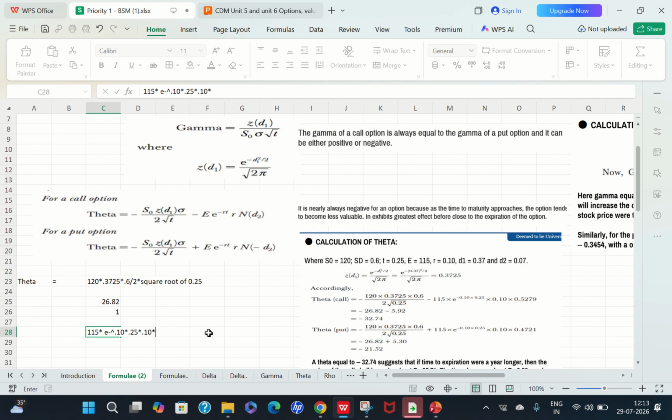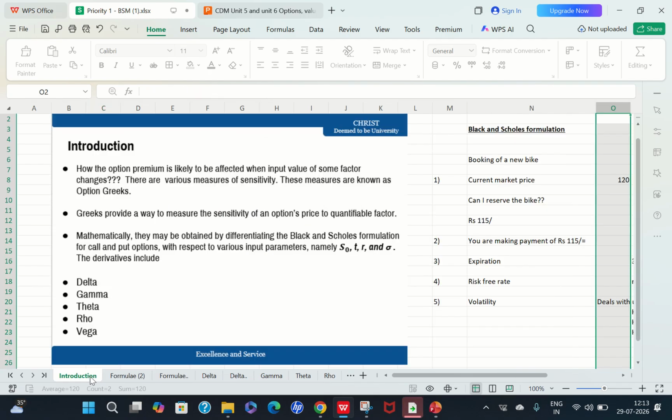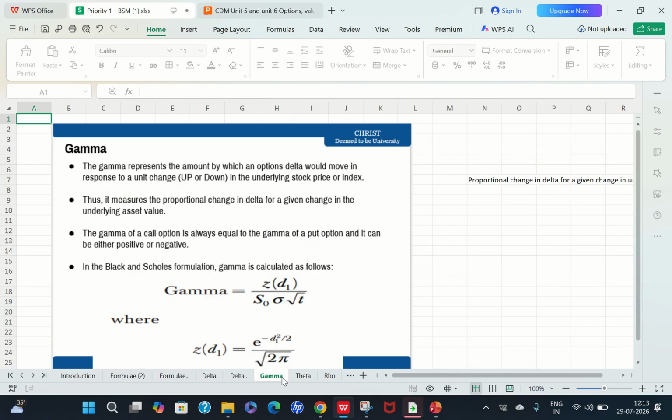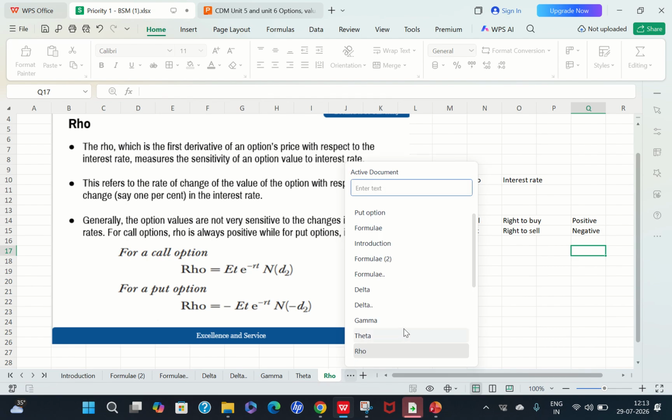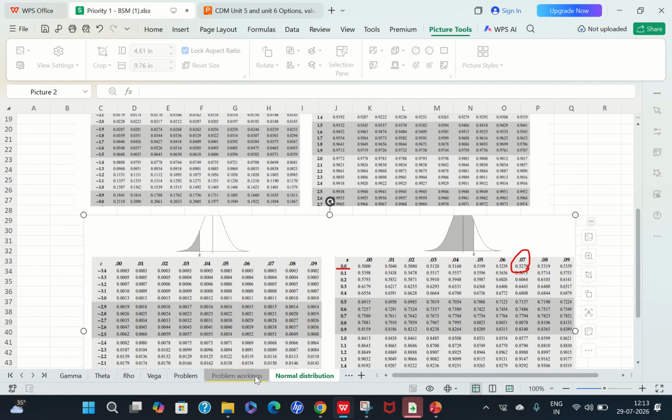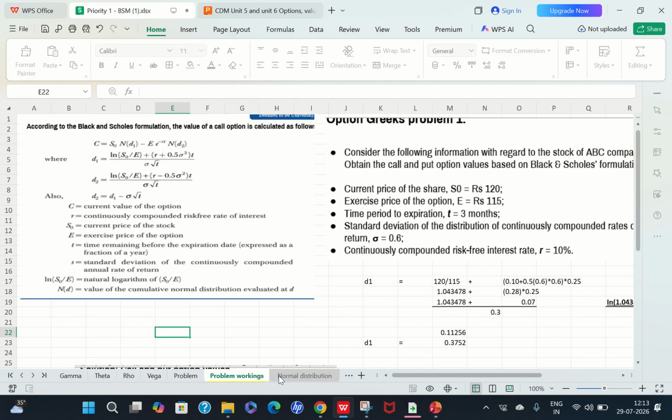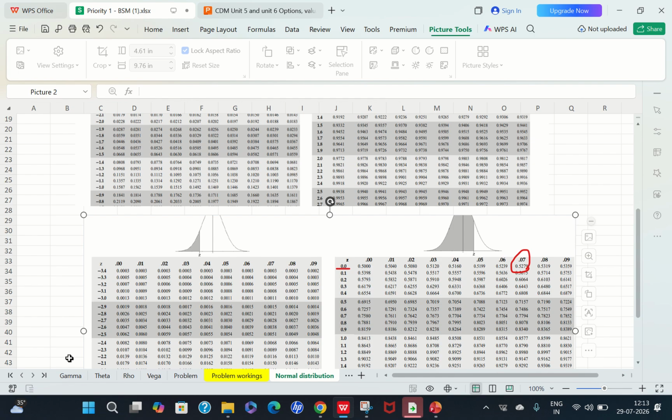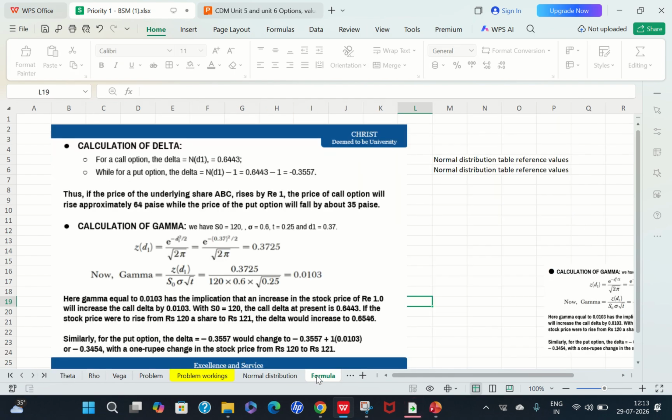The second part of it which we found out, right? That is 0.5279.